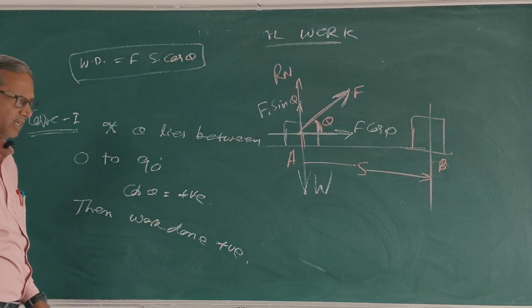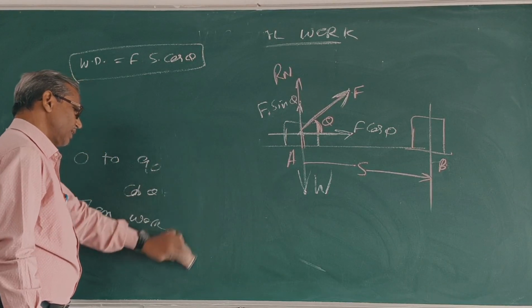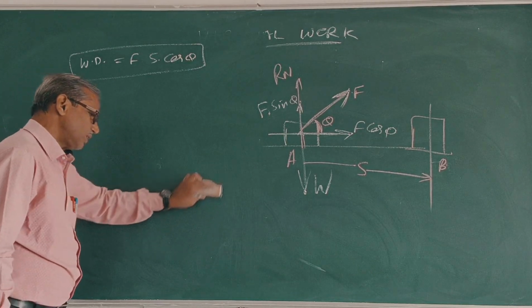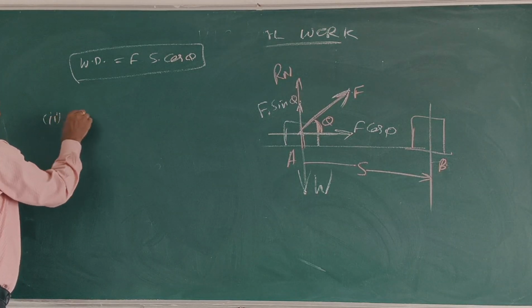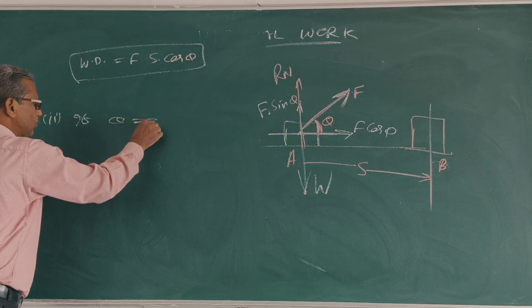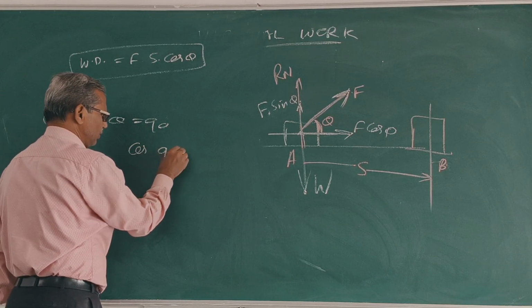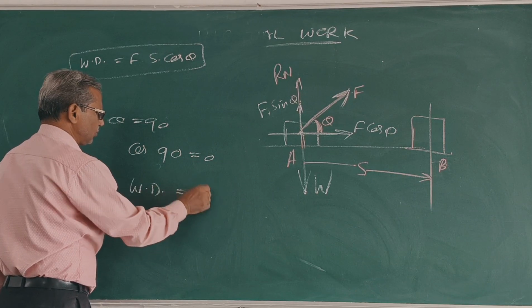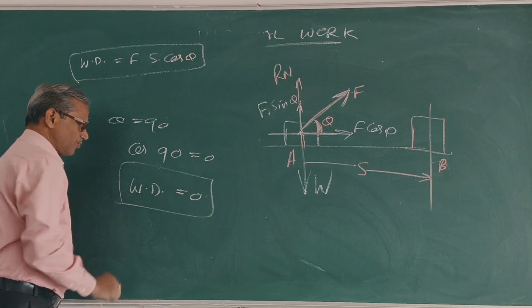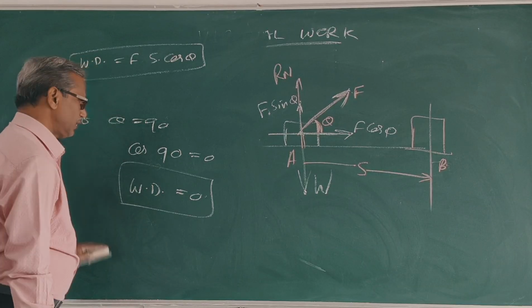Right? If theta is 90 degree, case 2: if theta is equal to 90, what is cos 90? 0. So work done is equal to 0. Clear?